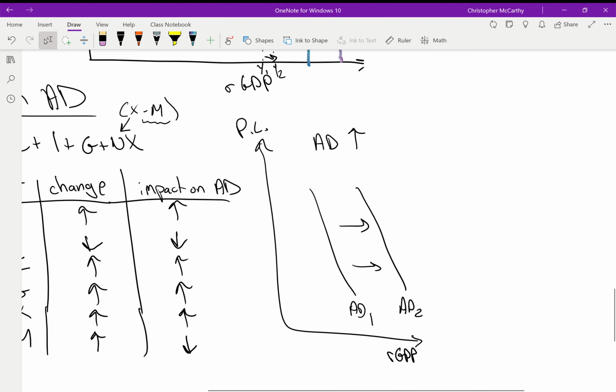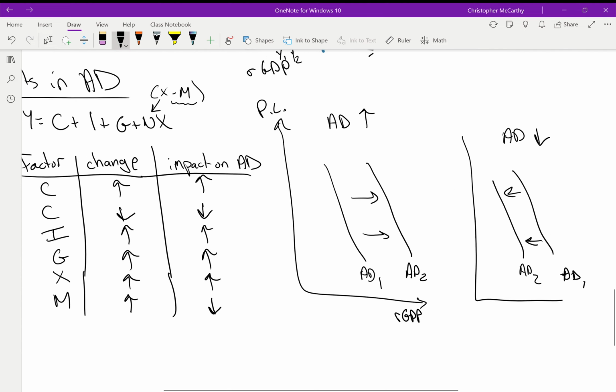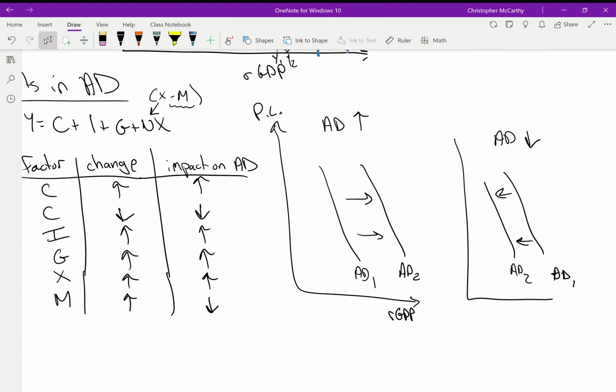Compared to if I had aggregate demand decreasing, it'd be something like this. Again, this should be pretty standard convention from regular supply and demand, but I just wanted to clarify what we're all saying.